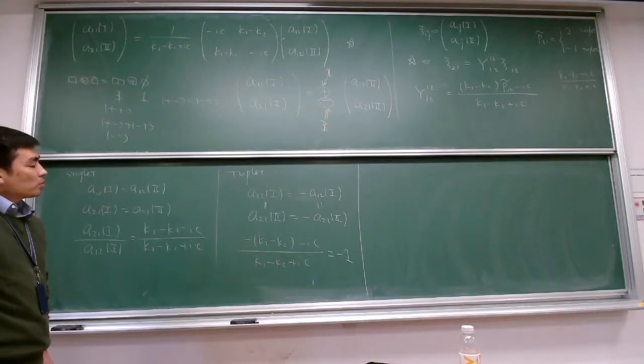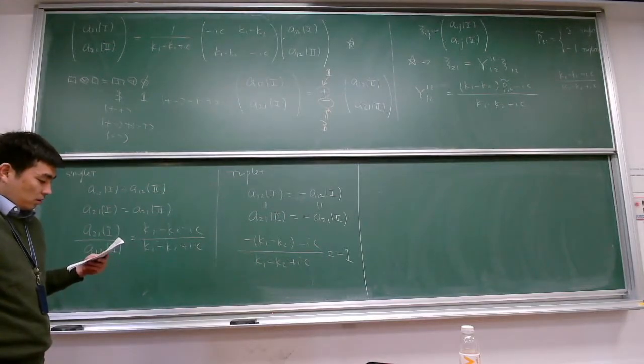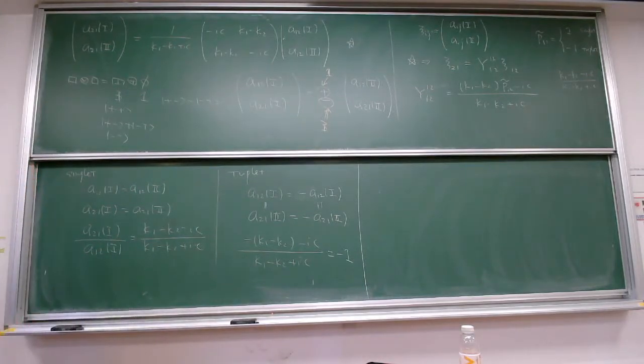It should be 0. Only A21 goes to A21 and minus. And that should be A12 of 1 plus minus A12.